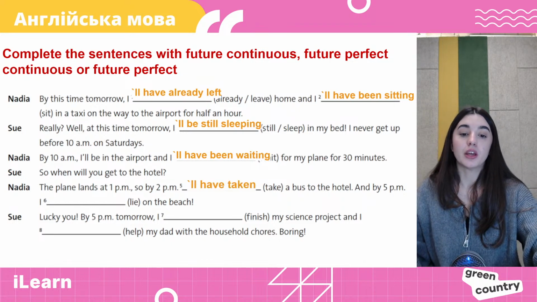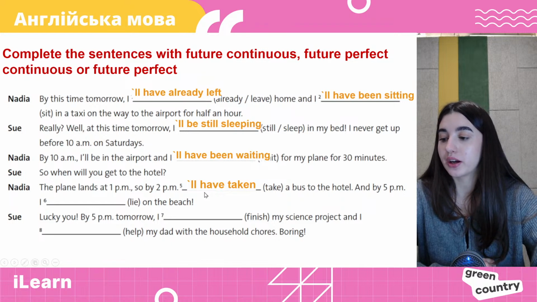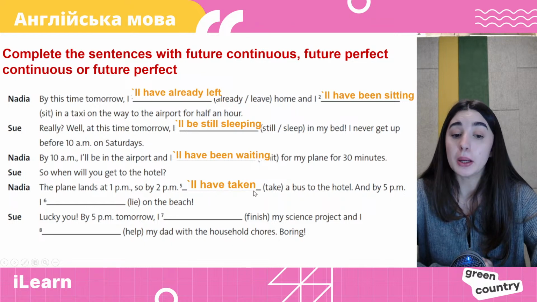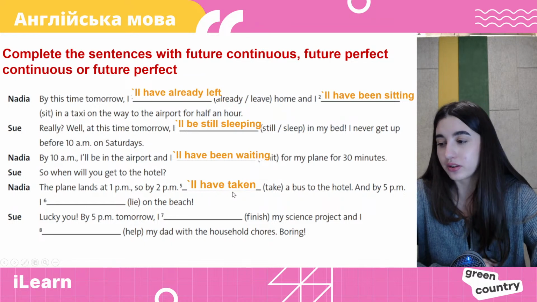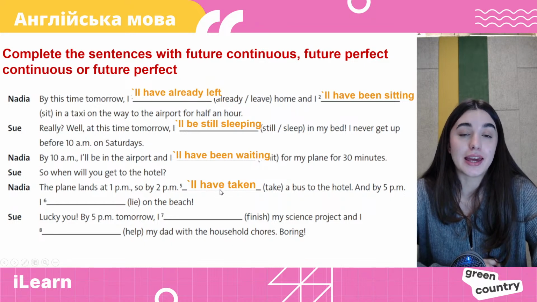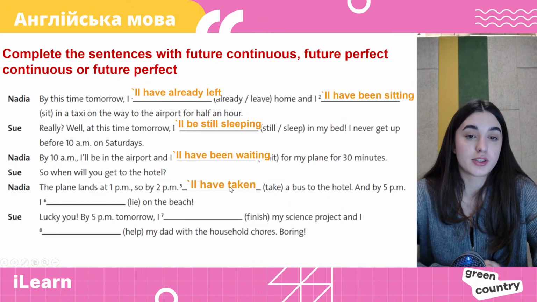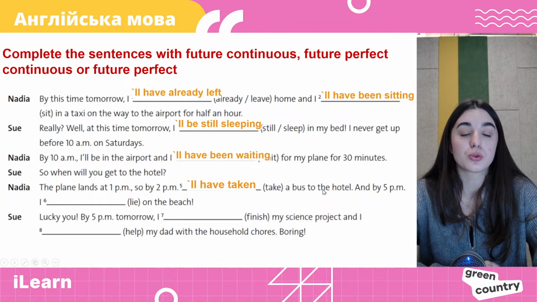All right, here you can see that I will have been taken, but girls, I think, yeah, only girls today are here, so we don't have any duration there, we just have by some time, so there we need to use I'll have taken a bus to the hotel.